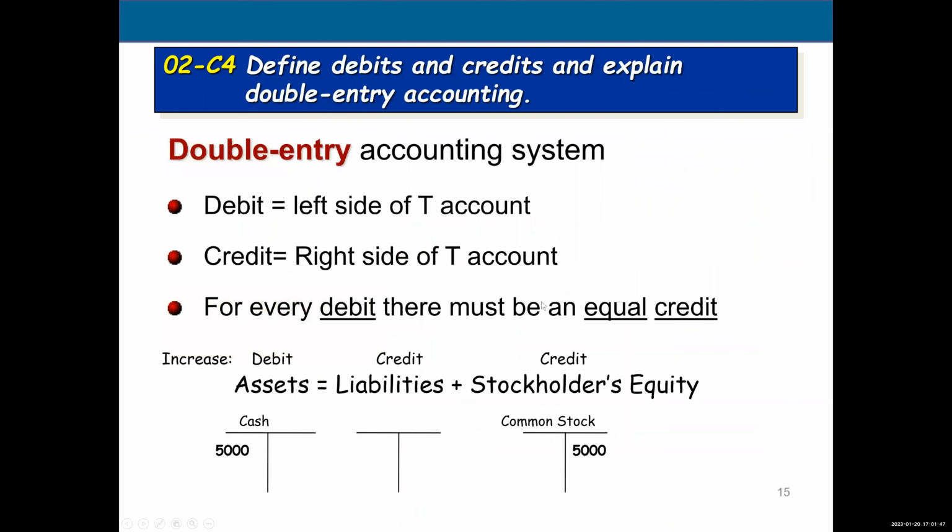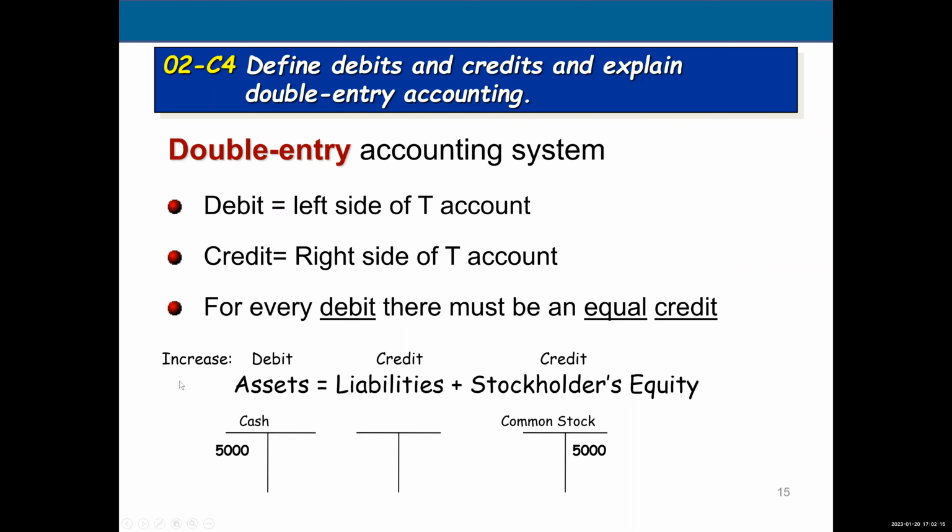Now, we use a double entry accounting system where, as I just said, the debit is the left-hand side of a T account and the credit is the right-hand side of a T account. And this is important: for every debit, there must be an equal credit. Let's say that the owner invested $5,000 into the business.